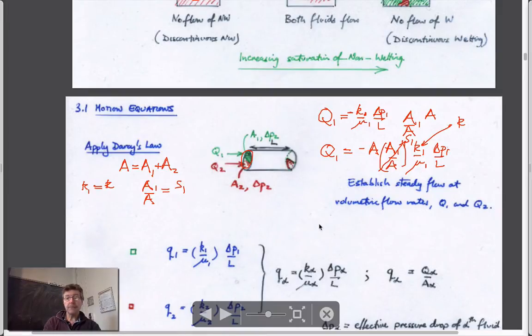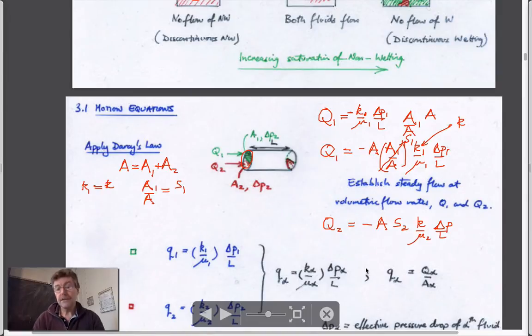If we do the same for the second fluid which is coming out, then just by, I guess, inductive reasoning, the flow that comes out through Q2 is going to be minus the total area. It's going to be the saturation of fluid 2. It's going to be the permeability divided by the viscosity of fluid 2. And it's going to be the pressure change divided by the length.